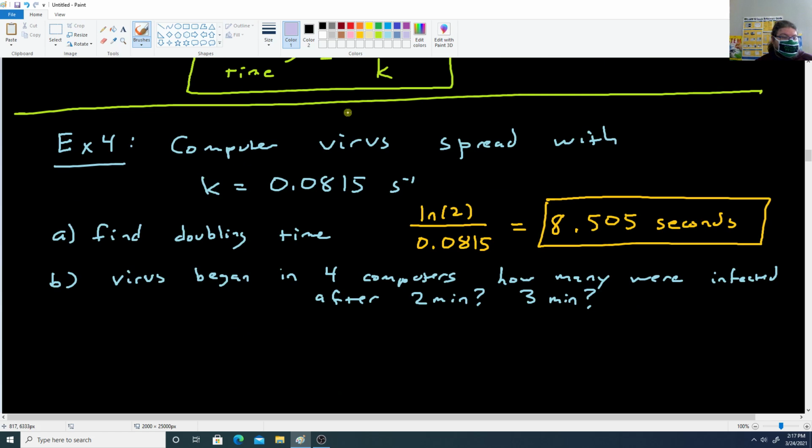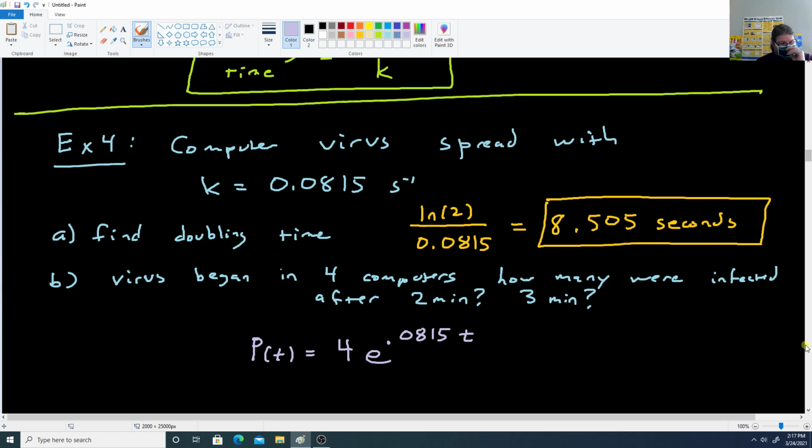So part B, they say, all right, the virus began in 4 computers. So if I'm building a population growth model on this, my initial population is 4. We have e to the, they told me the k value, 0.0815 t.